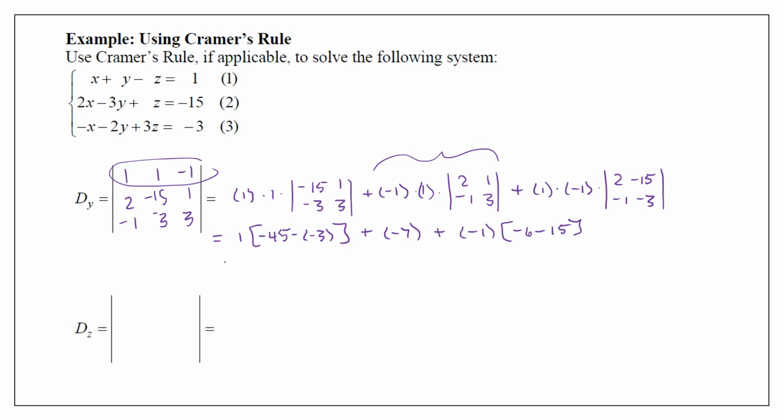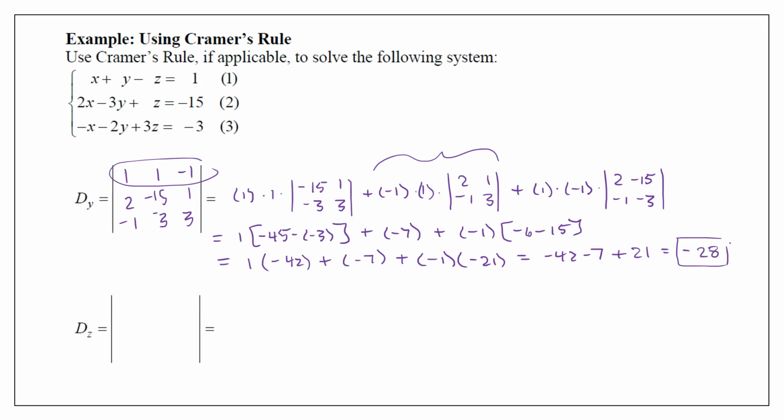Then this will equal 1 times, so it's plus 3, so minus 42, plus negative 7, plus negative 1 times negative 21. So this will equal negative 42 minus 7 plus 21, which will equal negative 28.